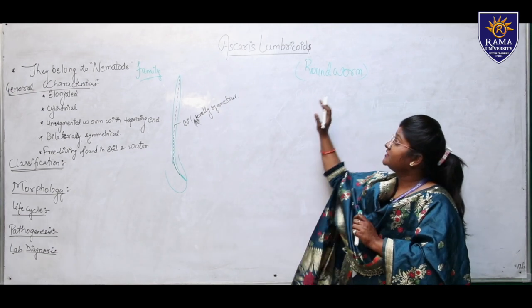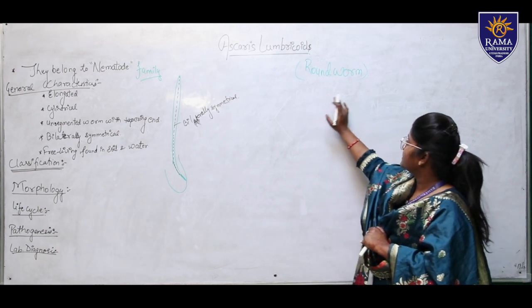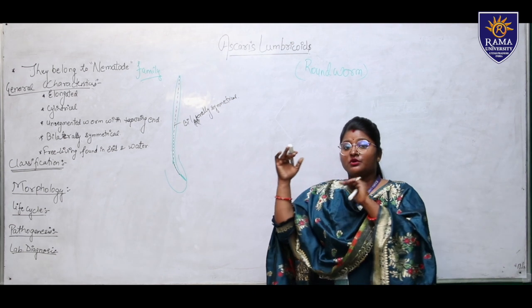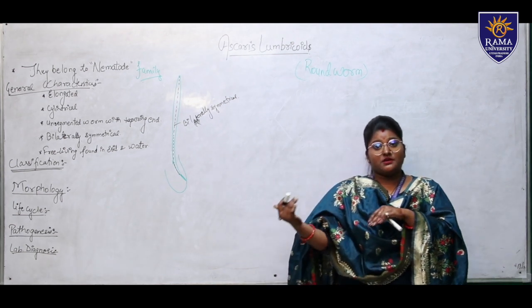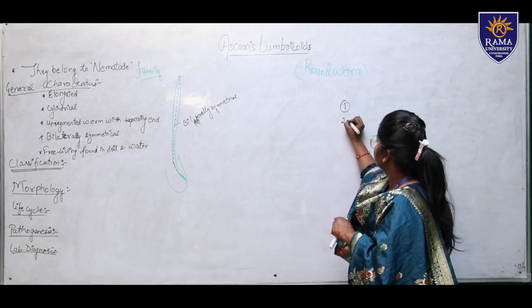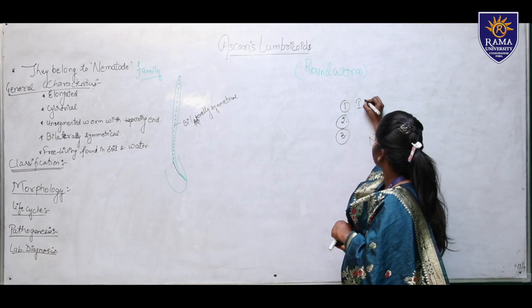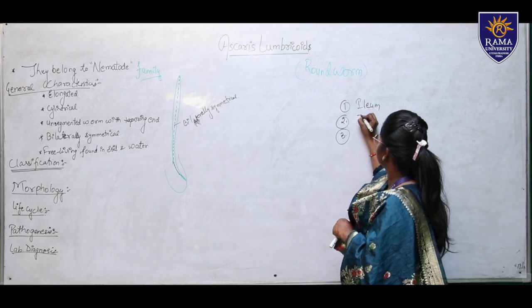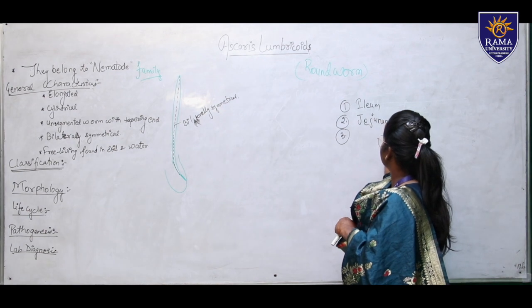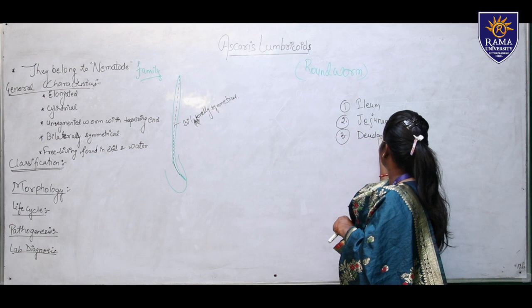The adult worm, as I already told you on the basis of habitat, belongs to the small intestine. These are the parts of the small intestine: ileum, jejunum and duodenum.